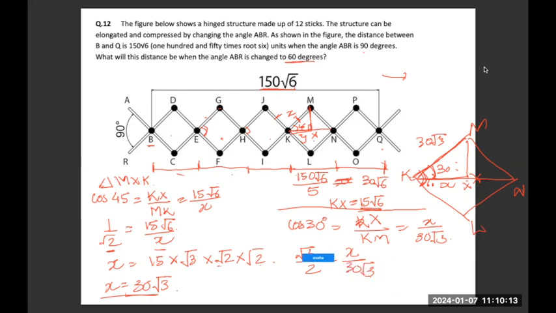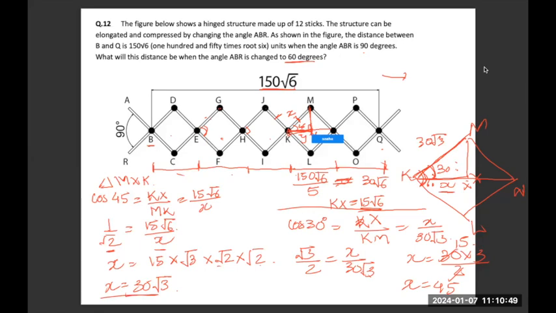3 and 3 will cancel. So x will be equal to 30 into 3 upon 2. This is 15. So x value will be 15 into 3, which is 45. I know the value of x to be 45. This small value is x.